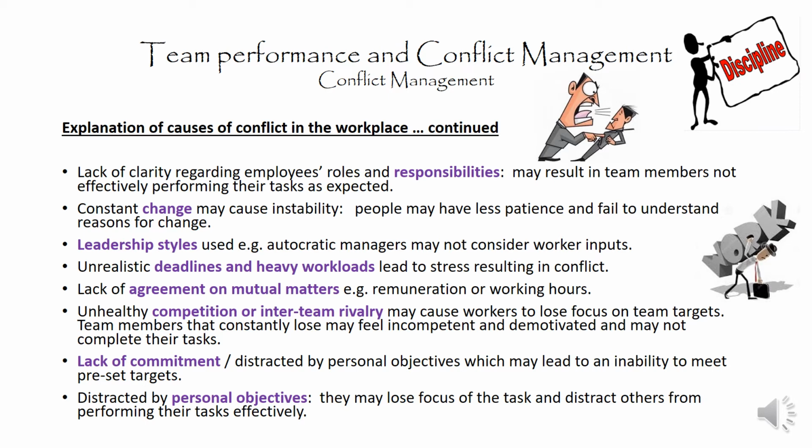All right, so you're not focusing on your job, you are focusing on other stuff, which means your job is not going to get done, and you are letting the other team members down by not doing your job. They might be waiting for you to finish something so they can carry on with their job, and now you are just distracted and you are not doing what you are supposed to do, which means if you don't do your job, they also cannot do their job, and then the conflict is going to come in.